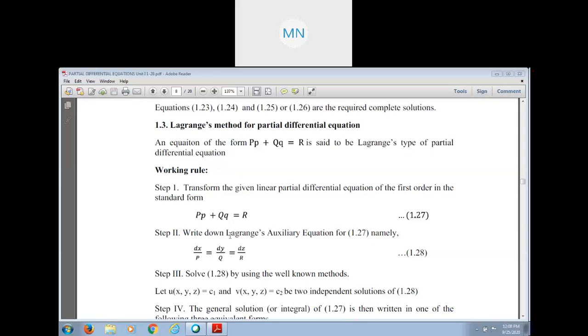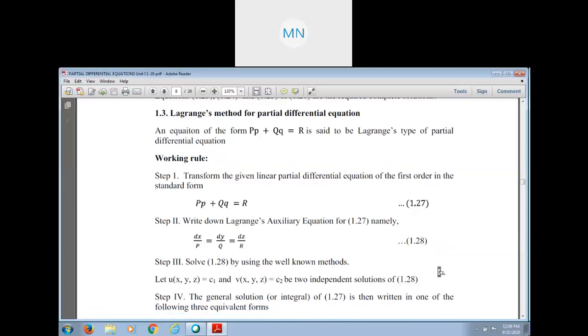Then you have to write the Lagrange auxiliary equation, that means dx by capital P equals dy by capital Q equals dz by R. In the third step, you have to consider two independent solutions of this equation. These are actually the working rules: how can we solve this type of equation using the Lagrange method?